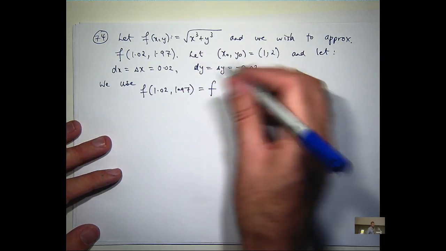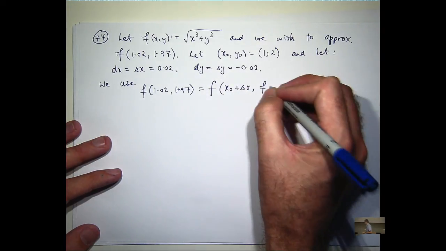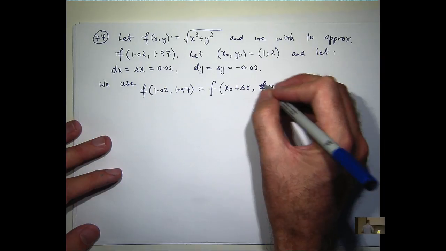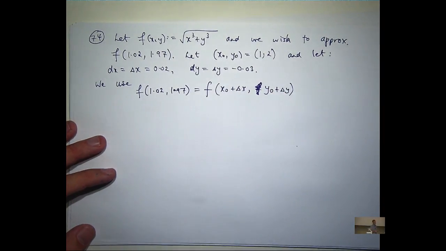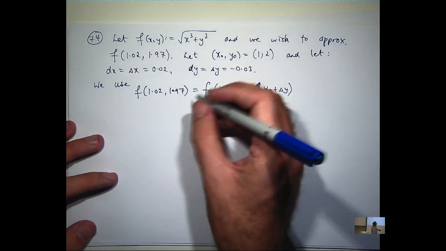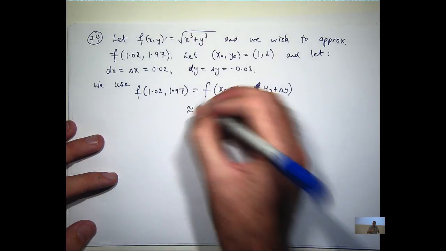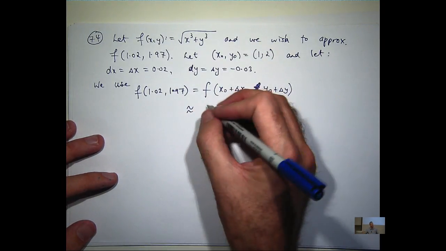So we're going to use the following. Now, in this sort of notation, I'm going to have the following. And from lectures, using the tangent plane approximation, I know that this is approximately equal to the following.